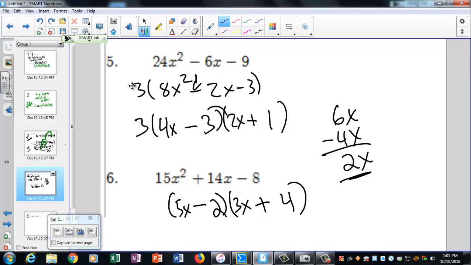And now I'm going to check it. 5x times 4 is 20x. Negative 2 times 3x is negative 6x. That gives you 14x. We got lucky. Any questions on that?